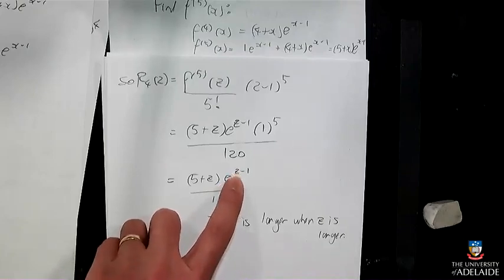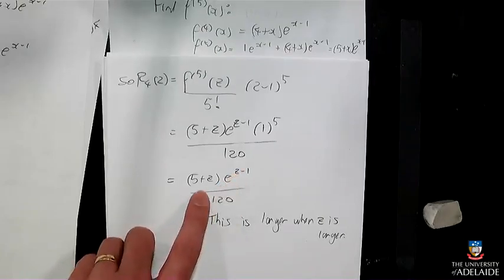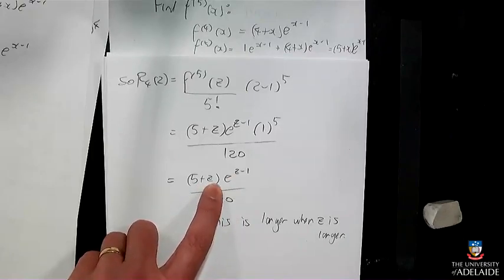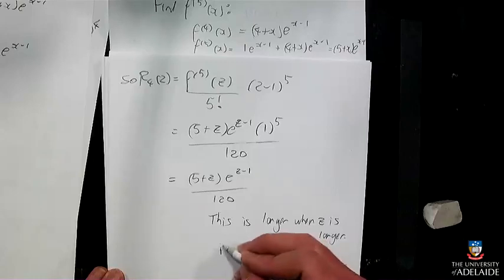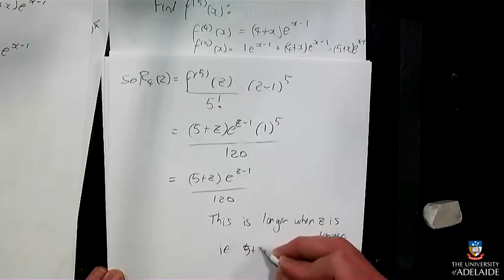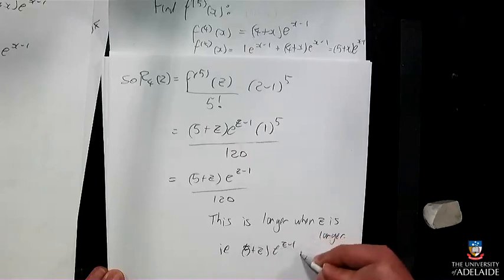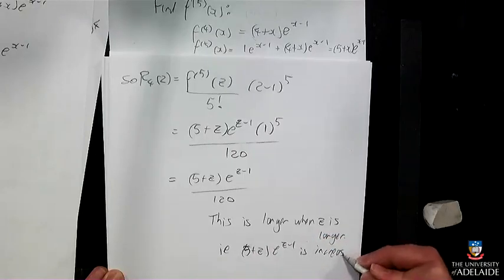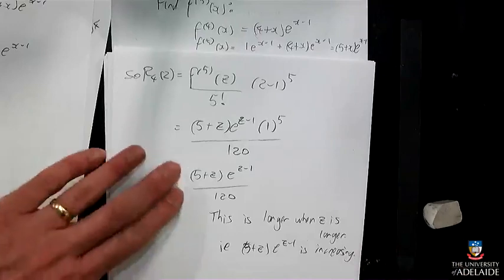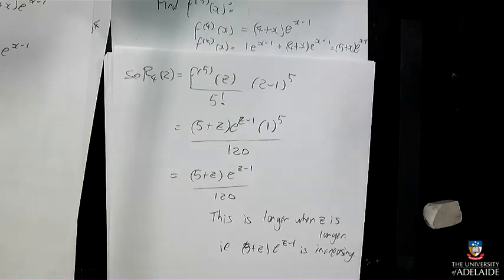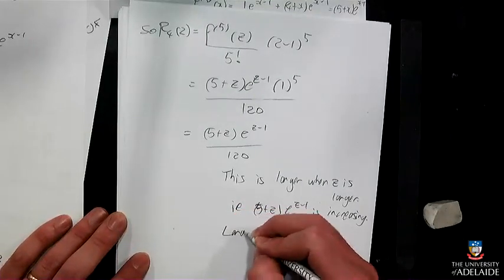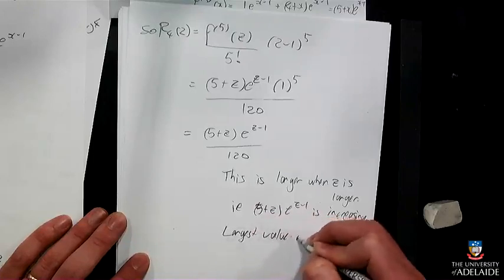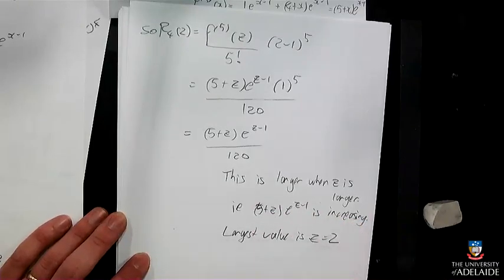Because e to the something is an increasing function, and 5 plus z is increasing, and when you multiply them, they're still increasing, so 5 plus z times e to the z minus 1 is increasing. And so the biggest this could possibly be would happen when z was the biggest it could be. And so therefore, the largest value is when z is equal to 2.